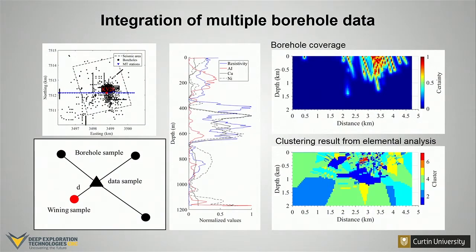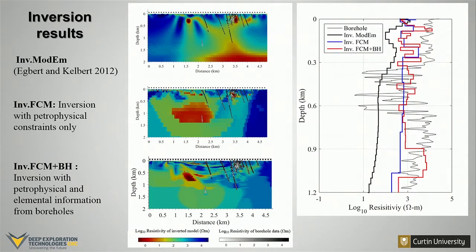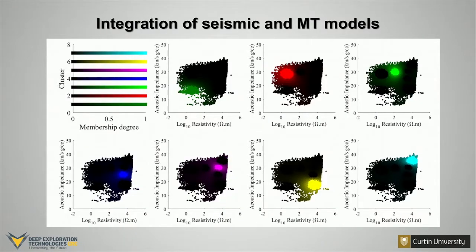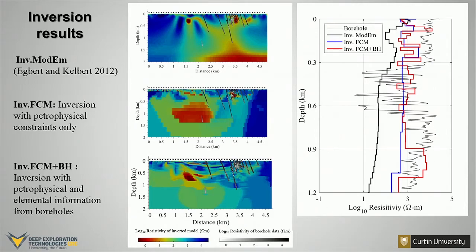Then we put this information into the inversion, the same as the synthetic example, and we got the inverted result here. Here we compare the inverted result with the smoothness constraint from the ModEM code, the inverted model with only petrophysical constraint, and the one that includes petrophysical constraint and elemental information from boreholes.